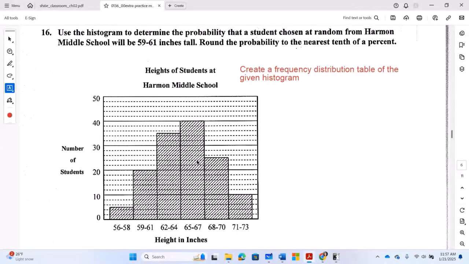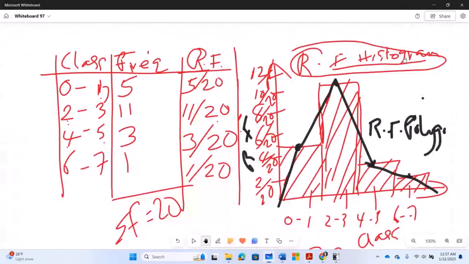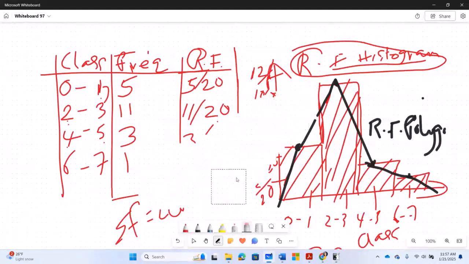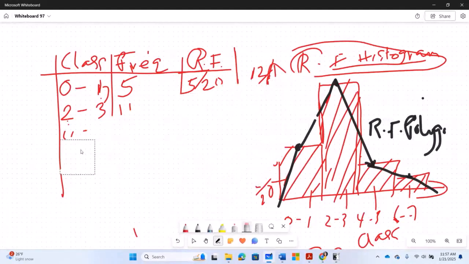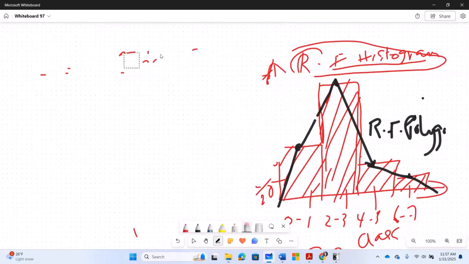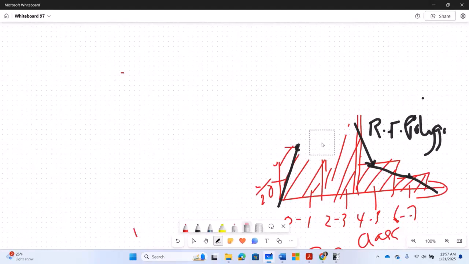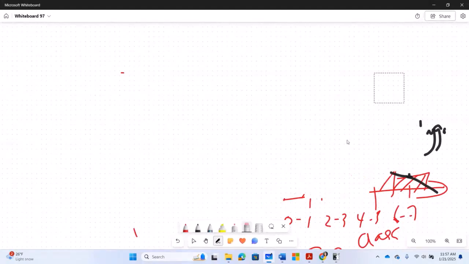Okay, so I'm going to actually bring my whiteboard again and make it smaller. Actually, I'm going to do some cleaning. So let me do some cleaning. Tidy this up, so I can use this space to do my frequency distribution of that data given to me.